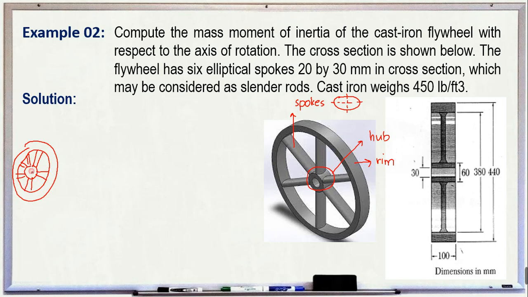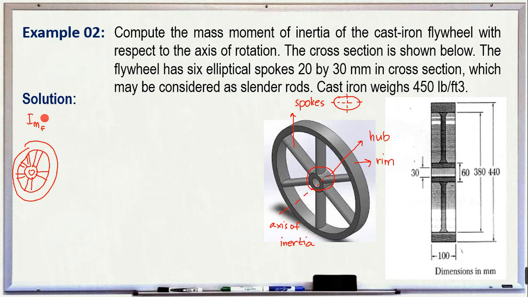Then there is a hub in the middle. The mass moment of inertia of our flywheel is with respect to its axis of rotation. Of course, it will rotate along this axis, so this is the axis of inertia. It is where the flywheel rotates.